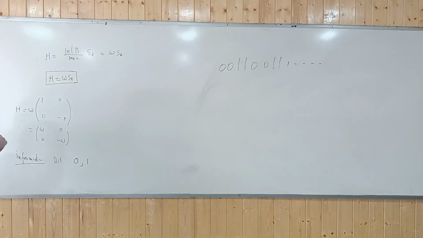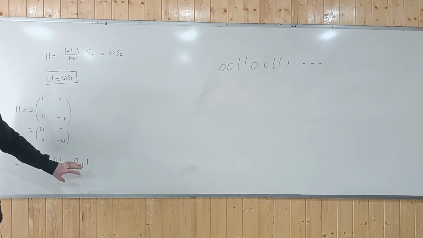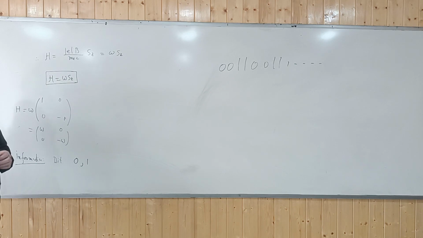Now the point is, can I do the same kind of analysis with the information storage using quantum mechanical systems, or do I have a quantum mechanical analog of representing the bits of the information? Clear? Yes. Got it? So we need to figure out what is the quantum analog. Now look here.